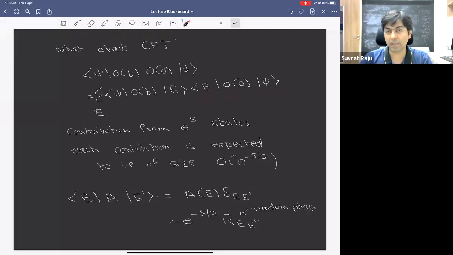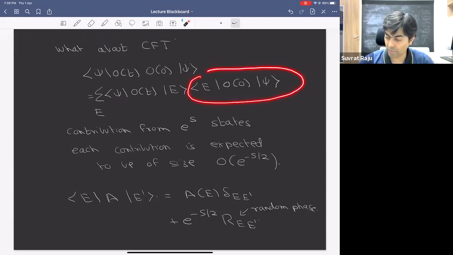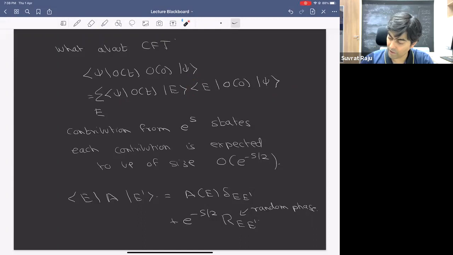But you expect that the overlap of psi with any given energy eigenstate is itself of size e to the minus s by 2. Okay? And that's because you expect that psi is some typical superposition of different energy eigenstates. And the same here. Okay? And therefore, all the terms that contribute to this matrix element are of size e to the minus s by 2.